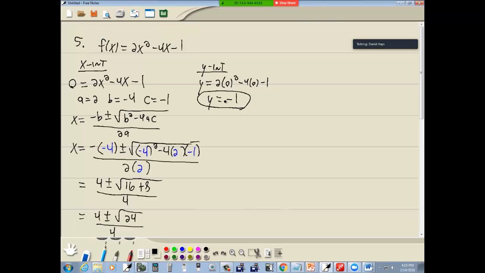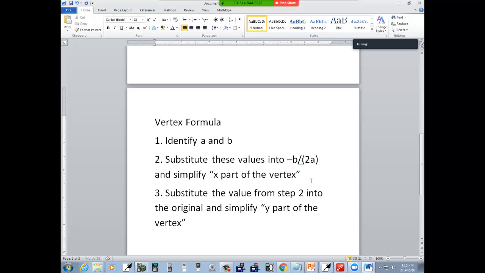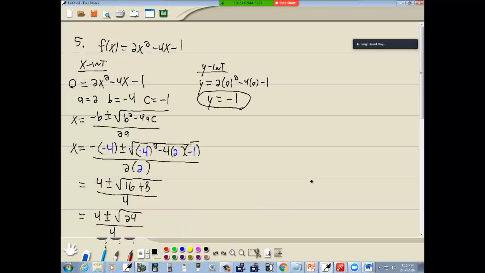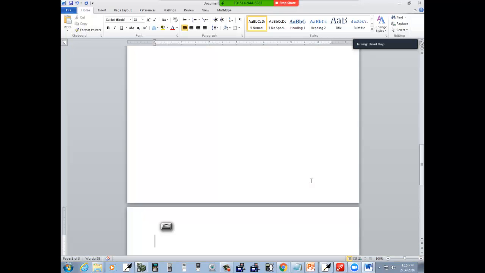Now this one's a little bit tricky to put in standard form. In general, this is called general form when you're talking about quadratics.